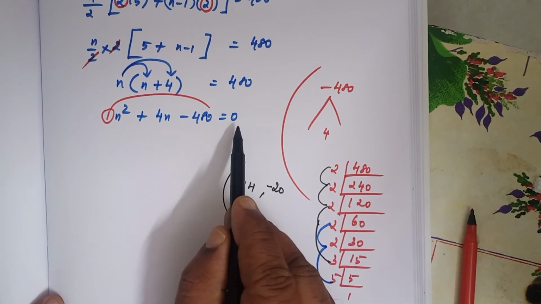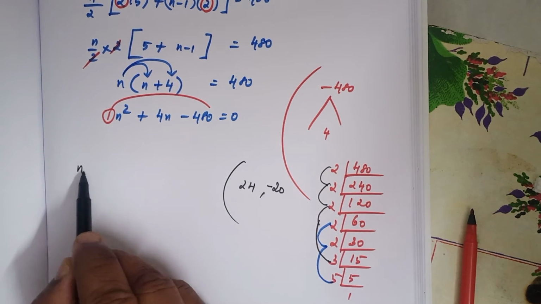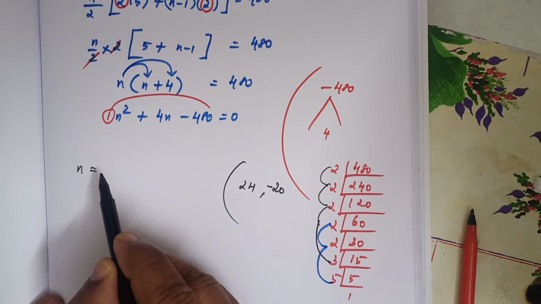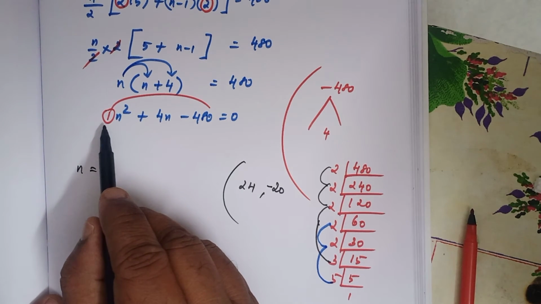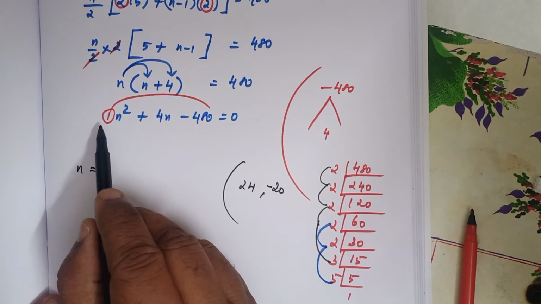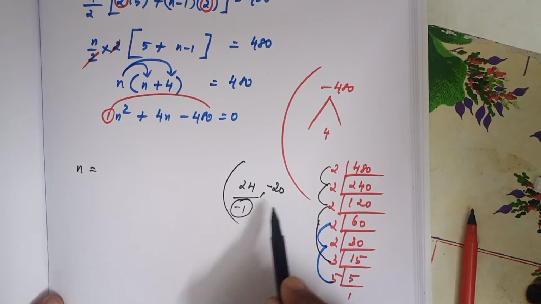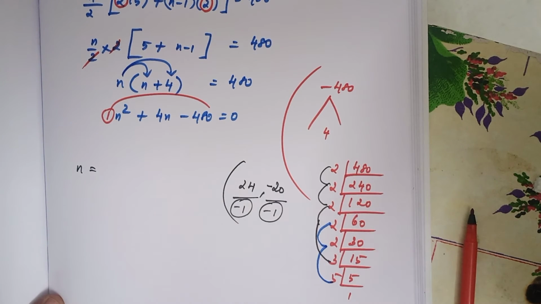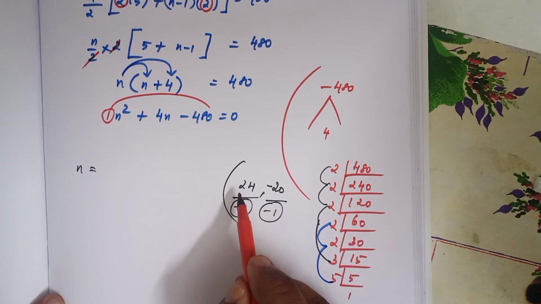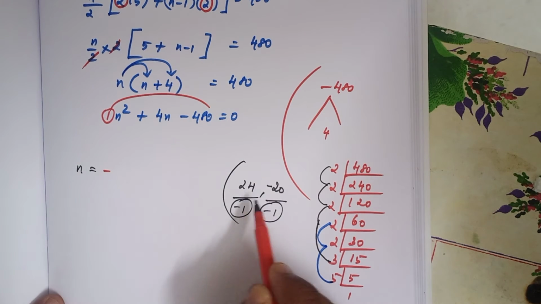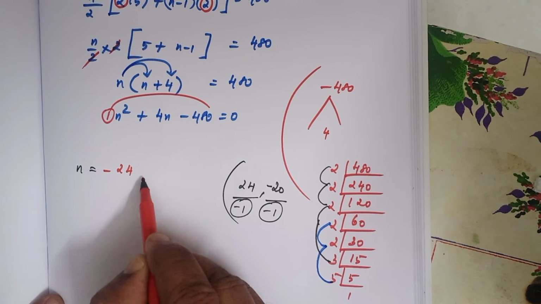Since it is a quadratic equation, you can write the values of n directly. How to get? Consider the coefficient of n square. What is here? 1. Change the sign, that is 1 becomes minus 1. Write minus 1 in the denominator. Now simplify. Plus divided by minus, minus 24 by 1 is minus 24.